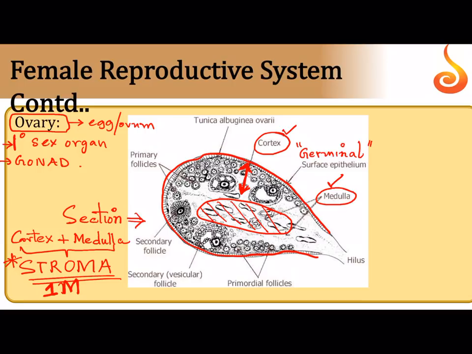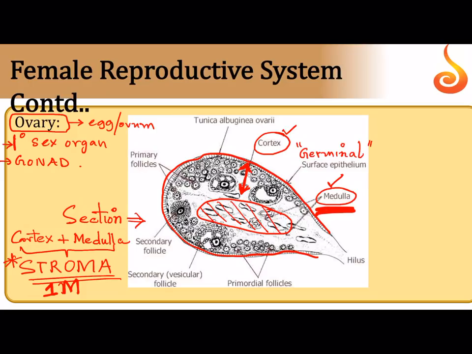Like I said, it is not appropriate to discuss that at this juncture. When I deal with a separate topic where we learn about how the process of egg production takes place, then I would be delving in greater detail regarding what the cortex is composed of. And I already mentioned that the medulla is made up of a lot of blood vessels, isn't it?